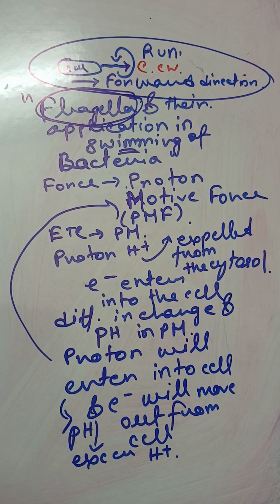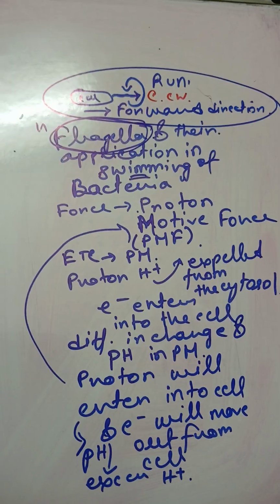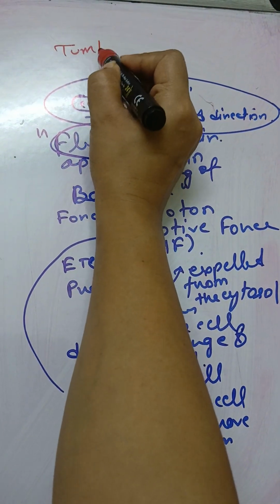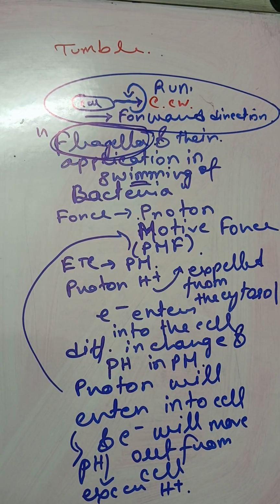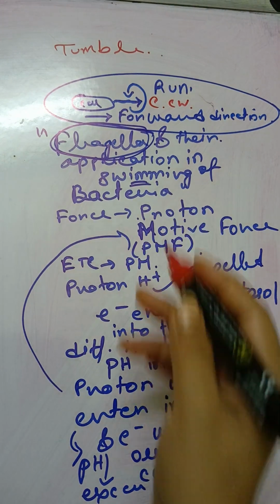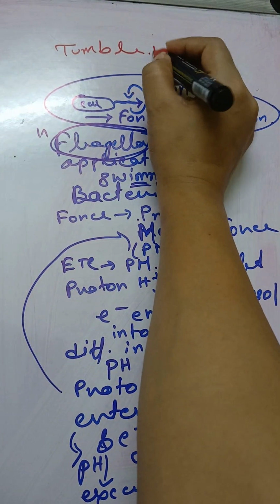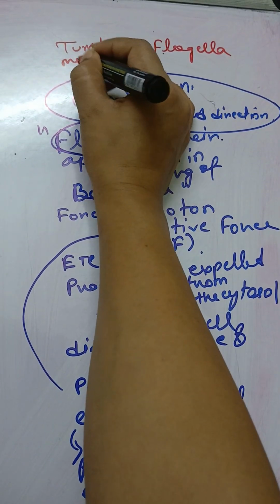But in case of tumbling, there is another phenomenon which is known as tumbling. So if there is tumbling, what happens there? During tumbling, just the reverse thing occurs.